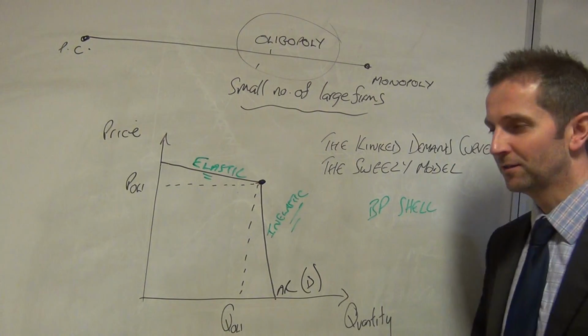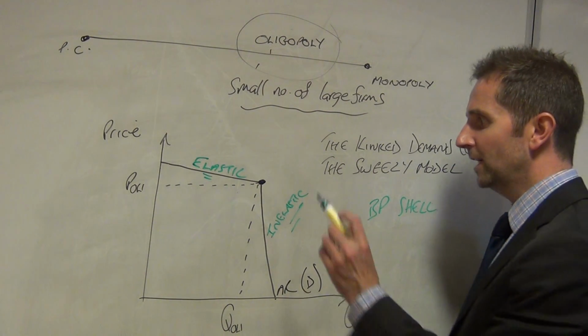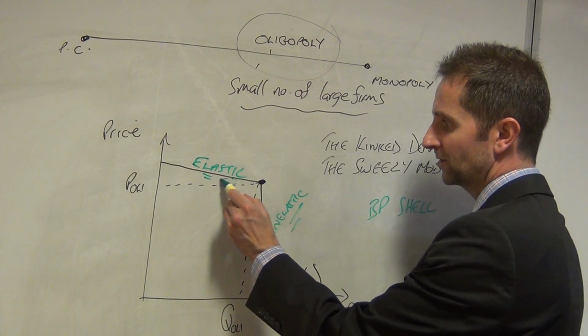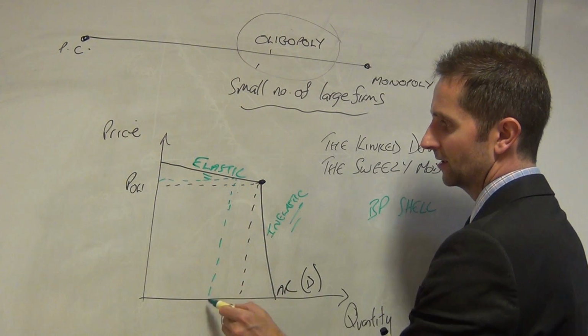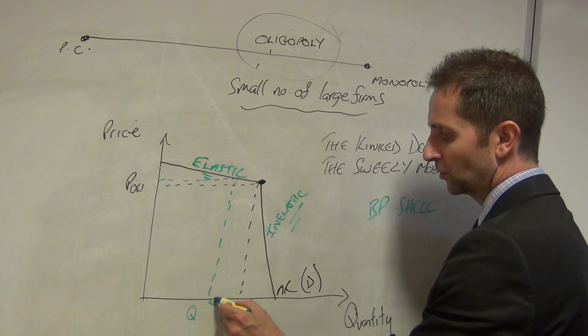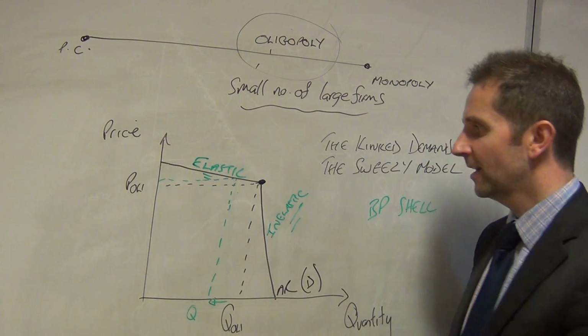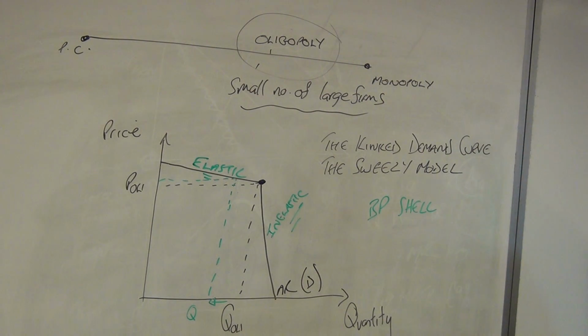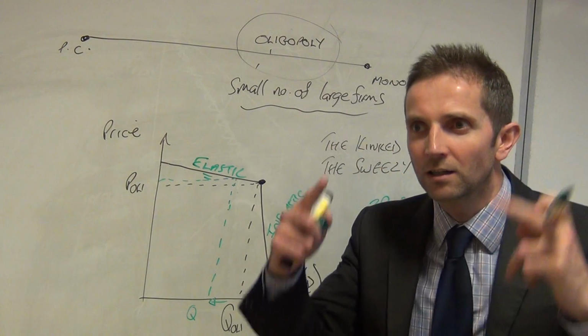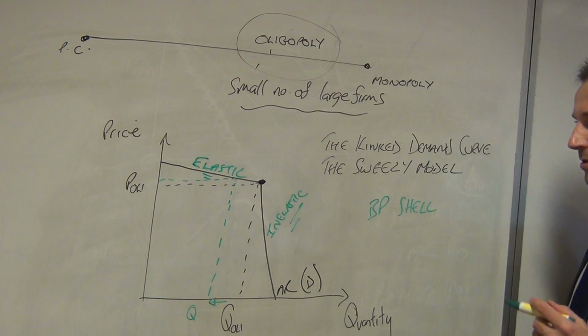Even if you put a penny a litre on your petrol, you get a very significant reduction in quantity, and that has a very big impact on your total revenues. So to raise your price, you've got to be mad. It's just madness to do that.